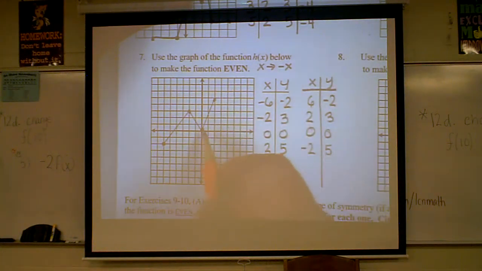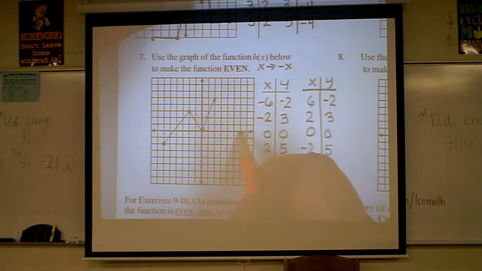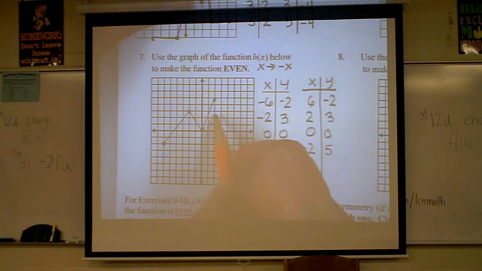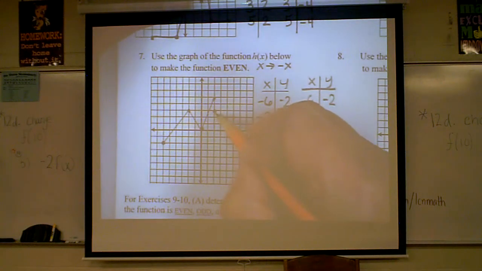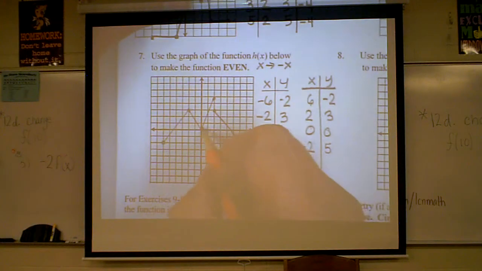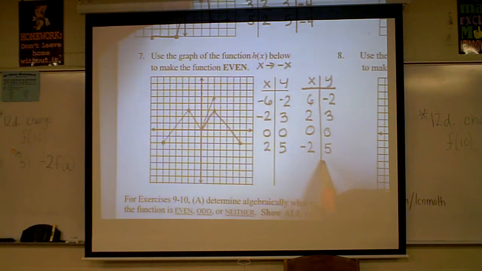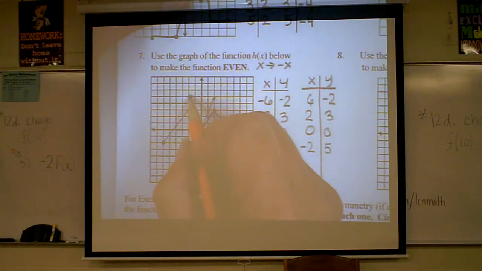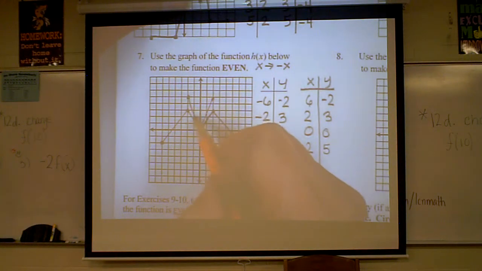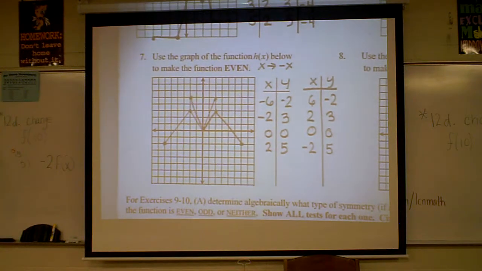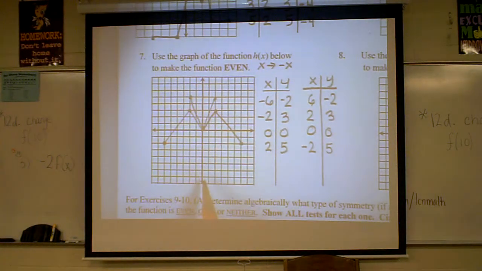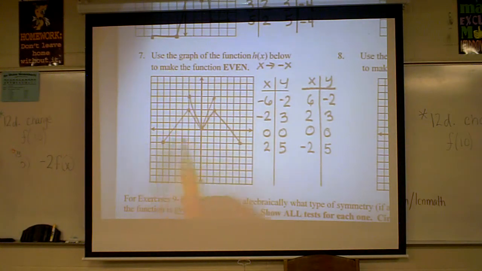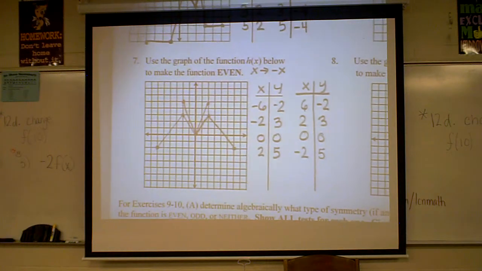So we plot 6, -2, then 2, 3, then 0, 0, and we have -2, 5. And if you were to fold this graph along the y-axis, both sides would match up perfectly.